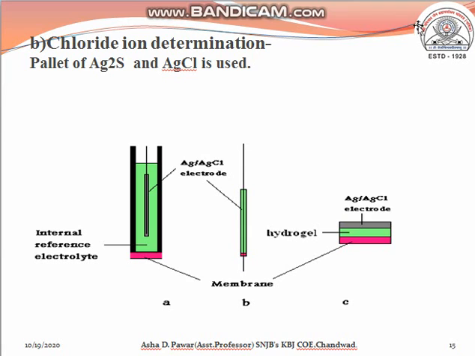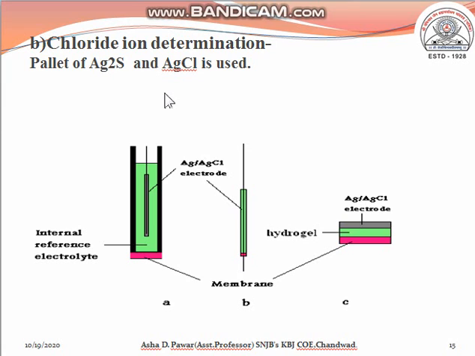The next type of electrode is the chloride ion determination electrode. It is again one type of solid state membrane electrode, but this type is specifically used for determination of chloride ion from the solution. This is the diagram of the electrode. The pink part is the membrane, and the most important thing here is that the membrane is made from silver sulfide along with silver chloride.